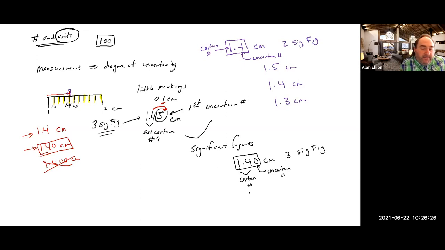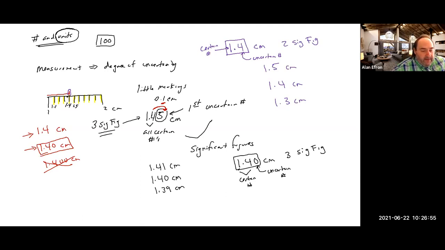And what that means is when we think about a number like 1.40 centimeters, we're saying that this number could be as big as 1.41 centimeters, or as small maybe as 1.39 centimeters. Now, when we look at our picture, that makes a lot more sense and is a lot more accurate in terms of what we're looking at.